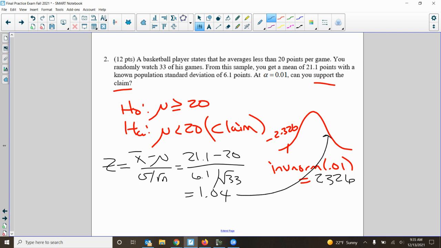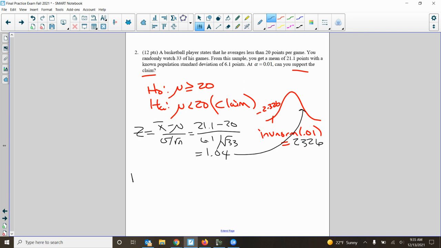You're obviously not going to be able to support that claim if he averaged more than 20 when he claimed that he got less than 20. So that's going to be a big time fail to reject the null. Not enough to support the claim.